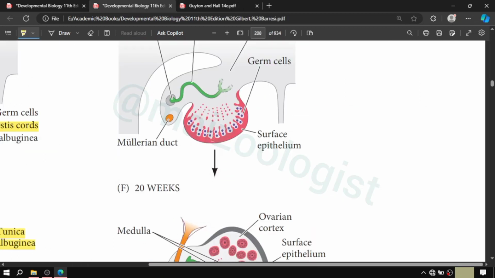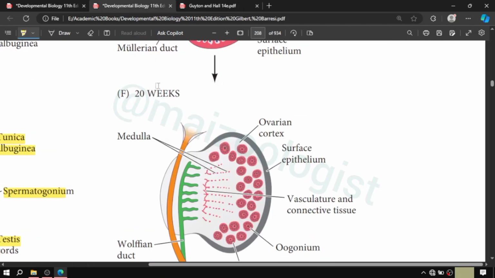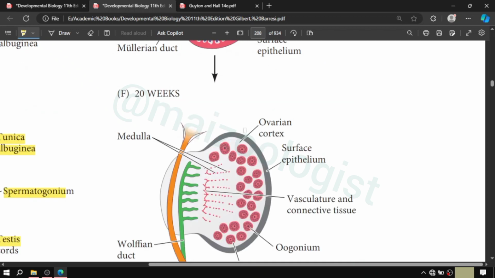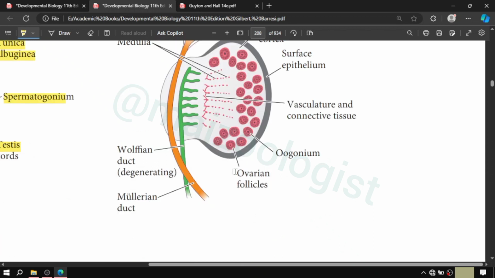As you can see in your developmental biology textbook, during the 20th week of pregnancy the female fetus's gonads look like this. Here we have the ovarian cortex, and this is the surface epithelium of the ovary. And here we have the oogonium inside this follicle, which is surrounded by layers of granulosa cells and thecal cells.